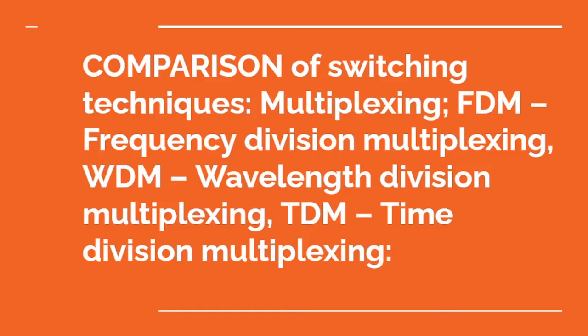Okay, so frequency division multiplexing. Frequency division multiplexing is the technique used to divide the available bandwidth into a number of smaller independent logical channels, with each channel having a small bandwidth.